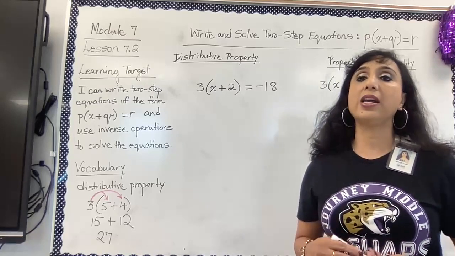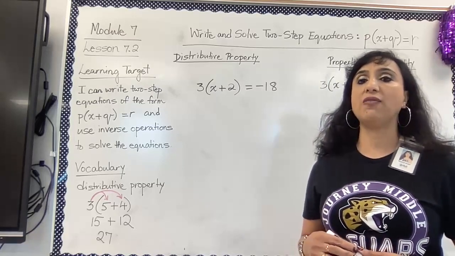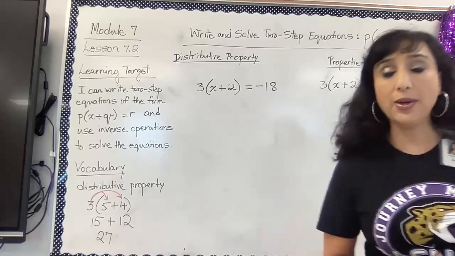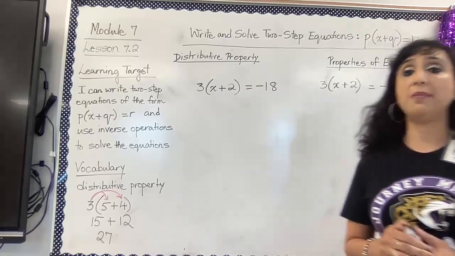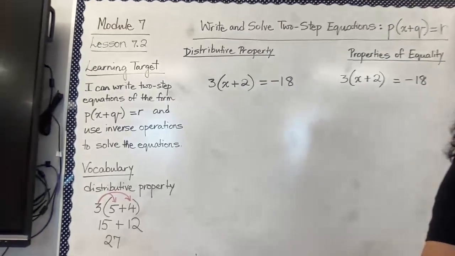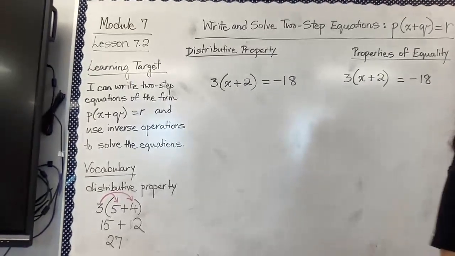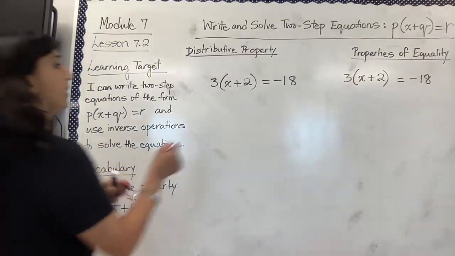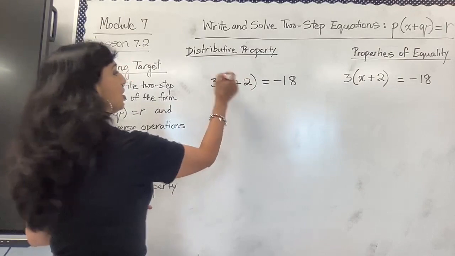Now let's get started with writing and solving two-step equations in this format. We'll start with the distributive property method first. Basically, as I said earlier, I am multiplying the term outside with each term inside.